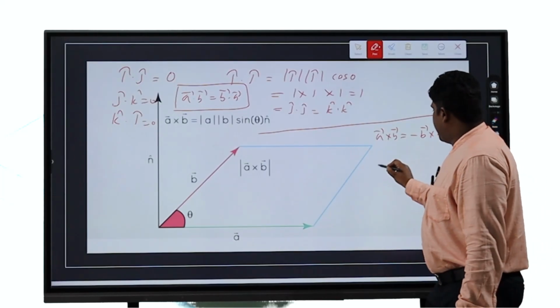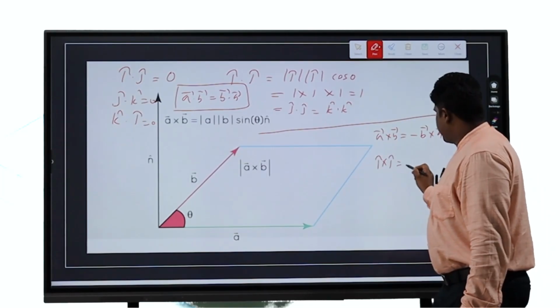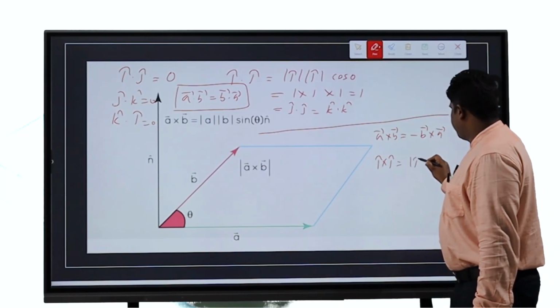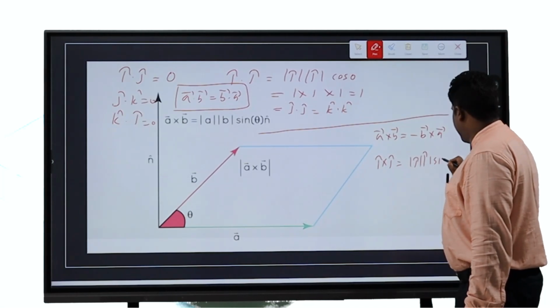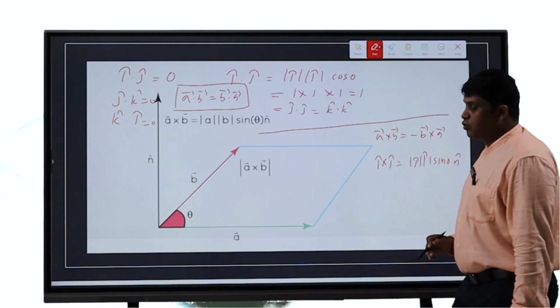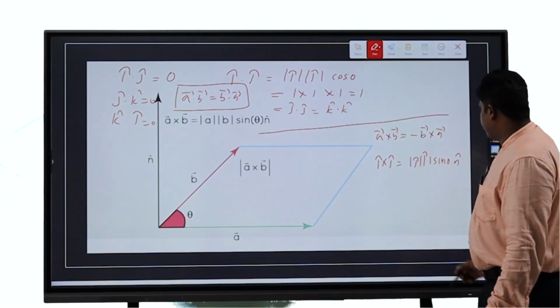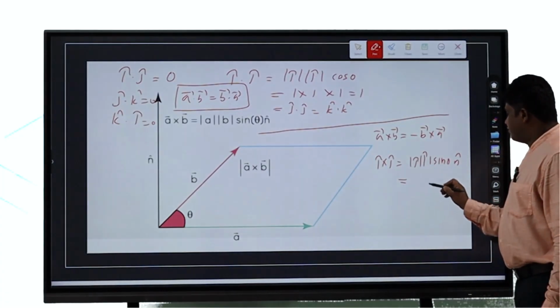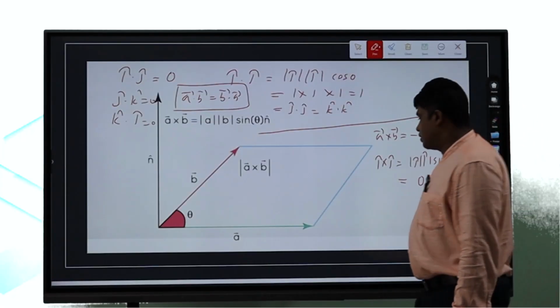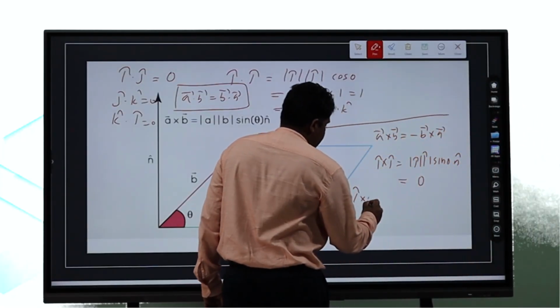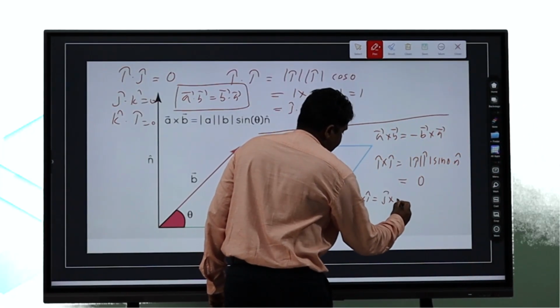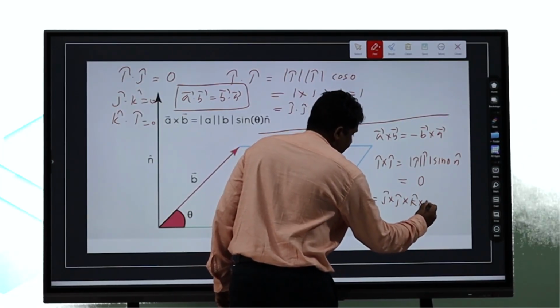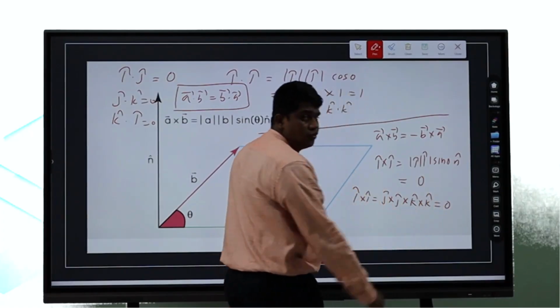Then what is i cross i? i cross i is equal to magnitude of i into sine 0 n cap, because the angle between i and i is 0. Then this value is 0. That is, i cross i is equal to j cross j is equal to k cross k is equal to 0.